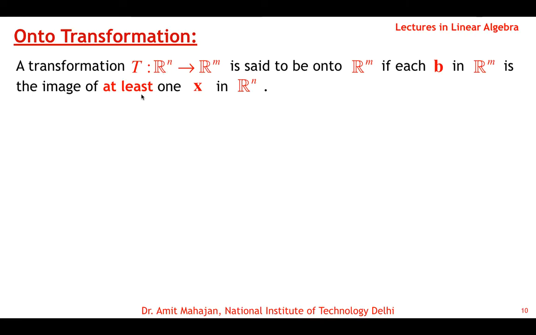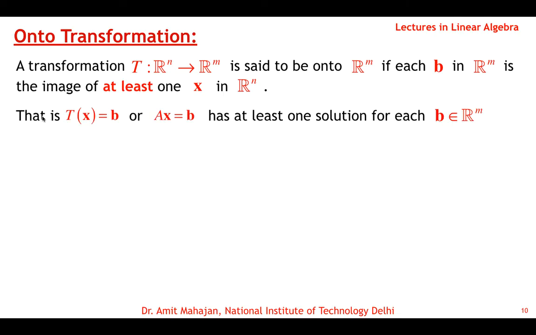Okay, so clearly if b in Rm is the image of at least one x in Rn, that means if I take any vector b in Rm, then there is an x such that T of x is equal to b, which is always consistent.